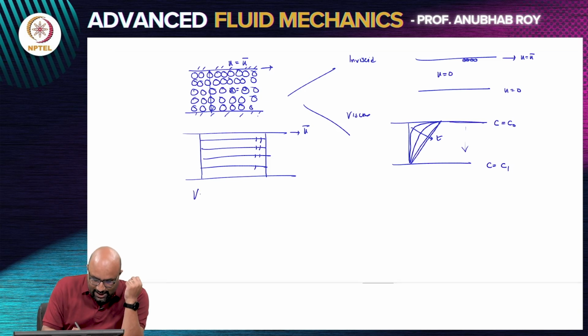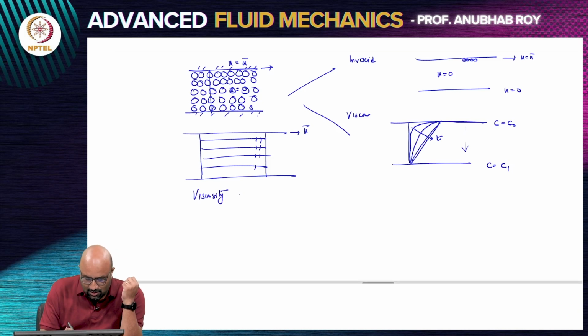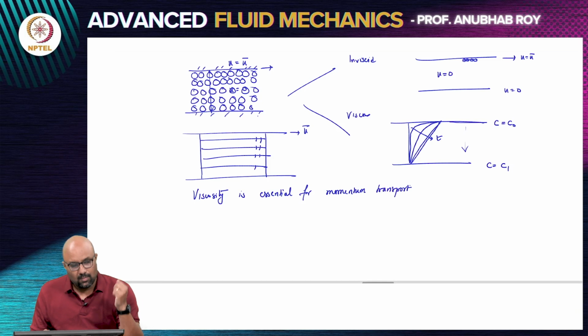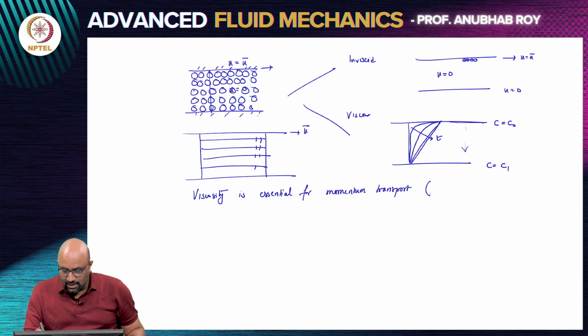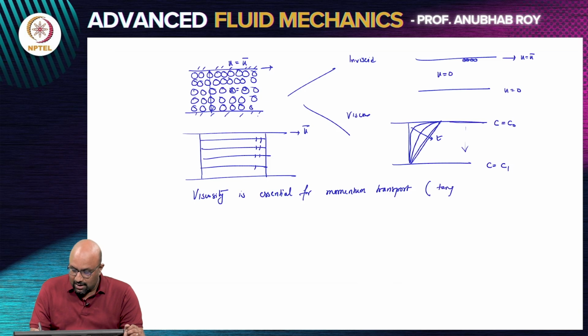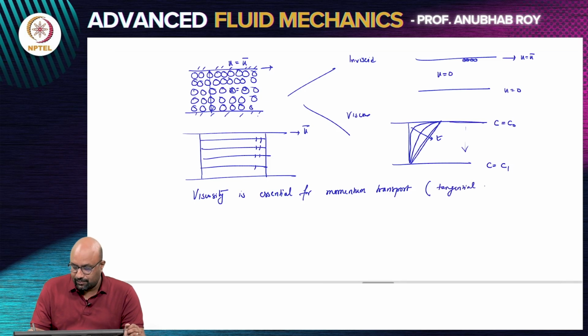So, this idea of thinking beyond the velocity profile, that viscosity is essential for momentum transport. And primarily, this is the only way you can transport momentum in the tangential direction.